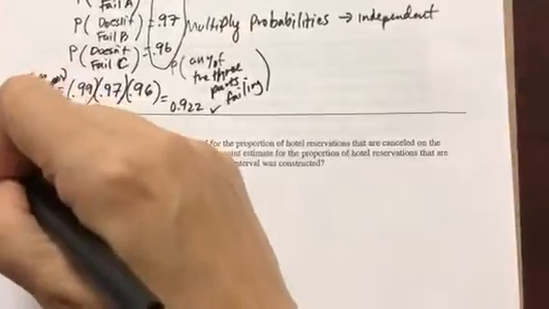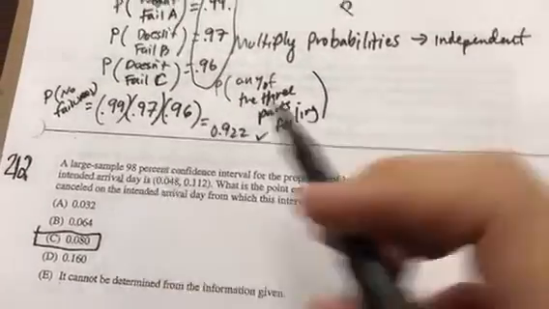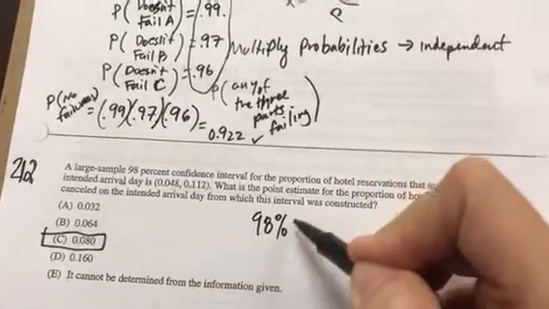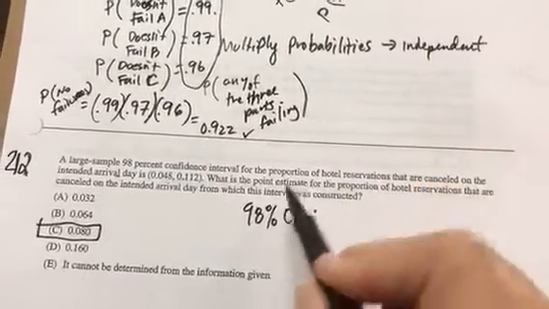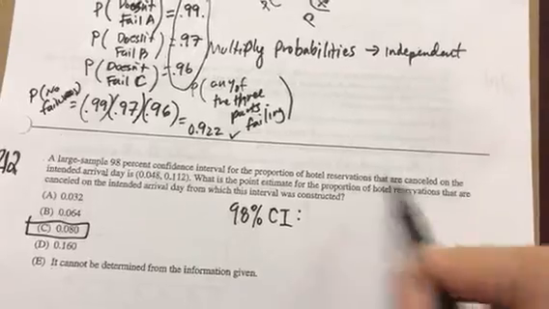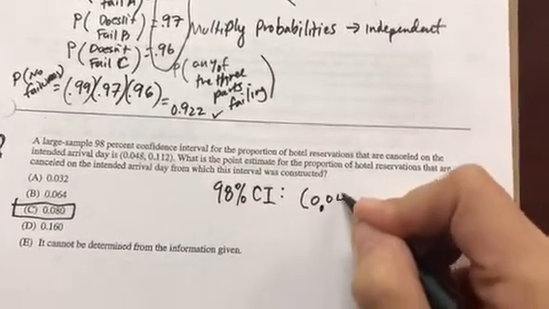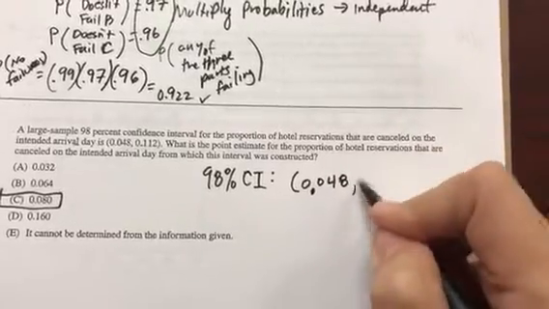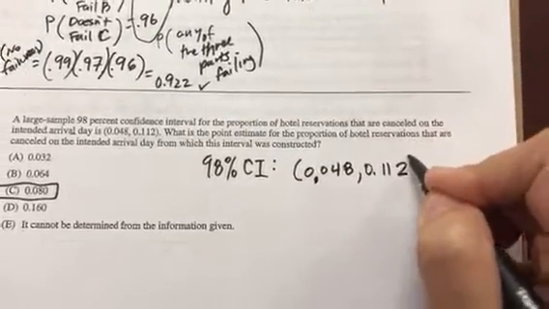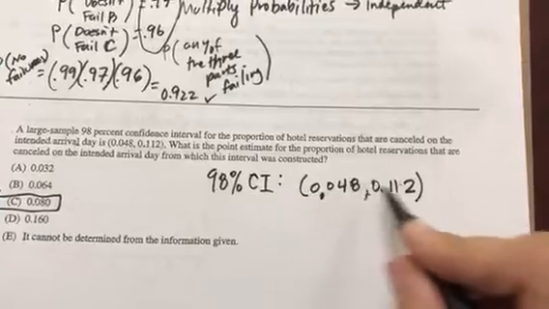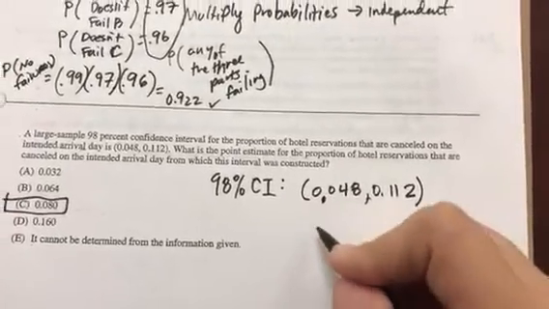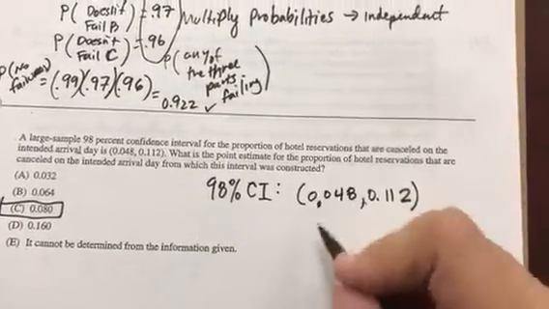Now let's take a look at 212. A large sample 98% confidence interval for the proportion of the hotel reservation that canceled on an intended day is this. So if we do it in a calculator or we do it by hand, we should know what this means. So this would mean your actual parameter.